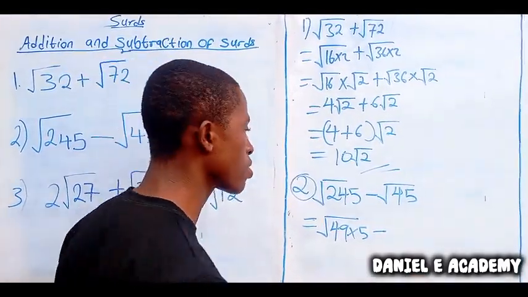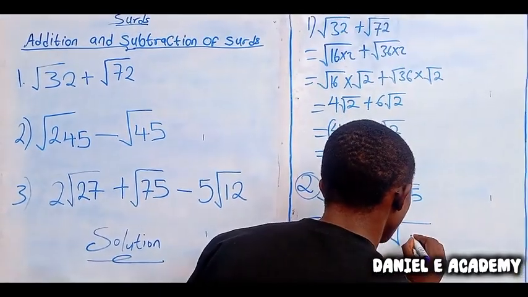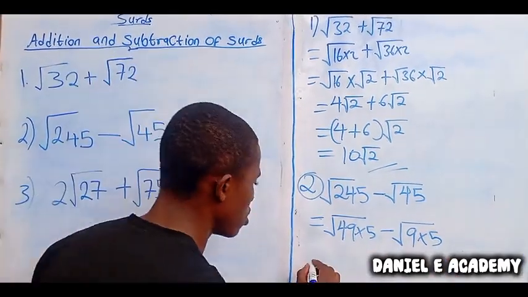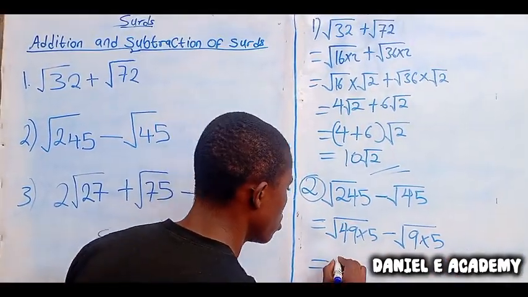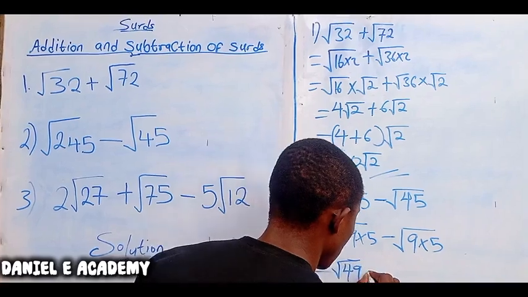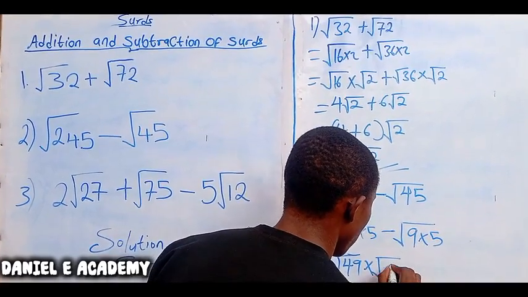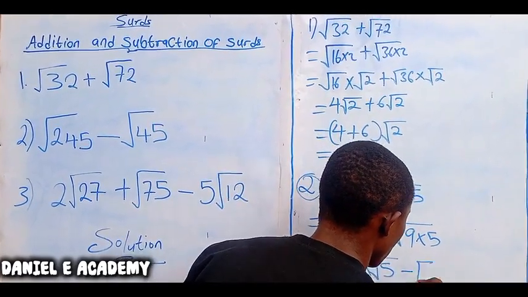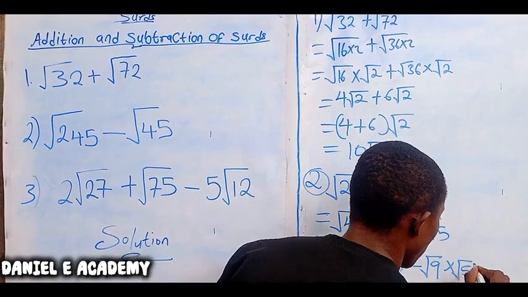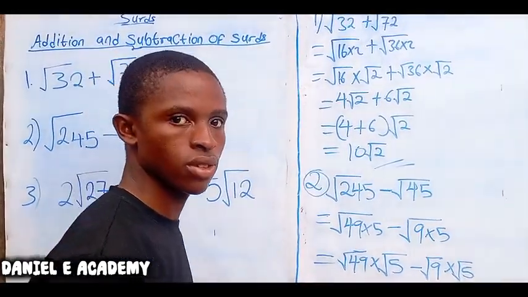9 is also a perfect square, so 9 multiplied by 5. That is how you solve this question using this fast method. So this will be root of 49 multiplied by root of 5 minus root of 9 multiplied by root of 5, using the first law.